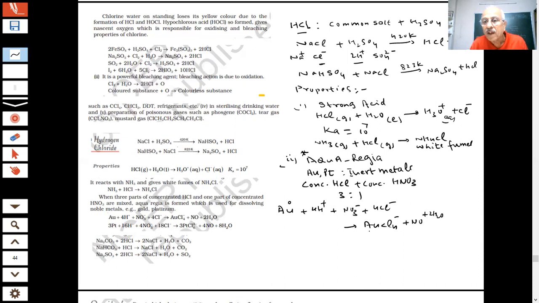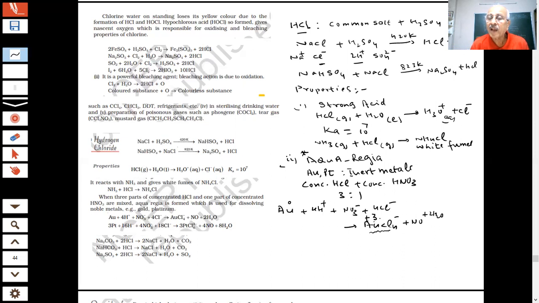Now, what is the oxidation state of gold here in this compound? x minus 4 is equal to minus 1, so x is plus 3. So gold has been oxidized from 0 to plus 3 oxidation state.